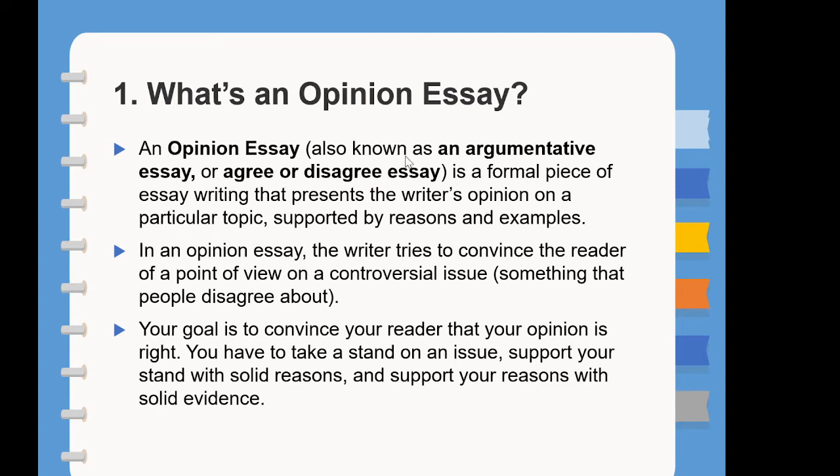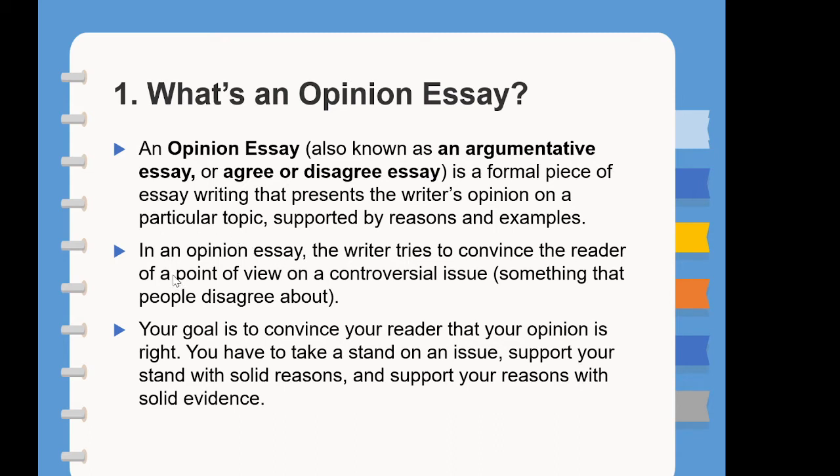An opinion essay, also known as an argumentative essay or agree or disagree essay, is a formal piece of essay writing that presents the writer's opinion on a particular topic, supported by reason and examples. So, an opinion essay can be called an argumentative, agree or disagree essay.